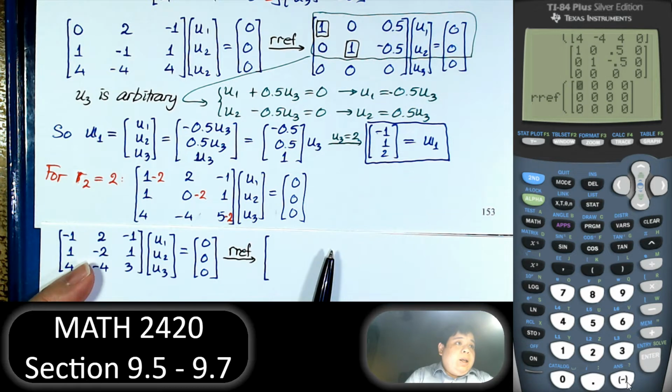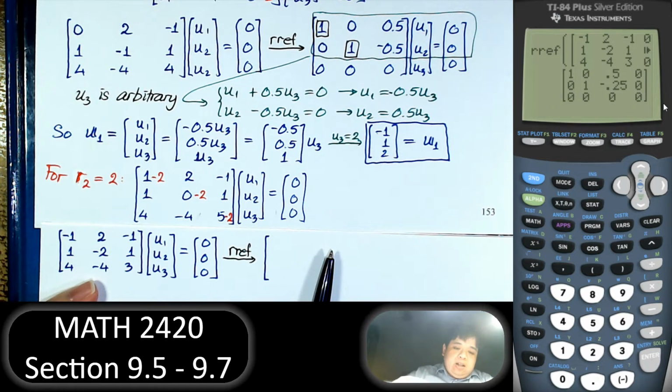Right, -1, 2, -1, 0, 1, -2, 1, 4, -4, and 3.